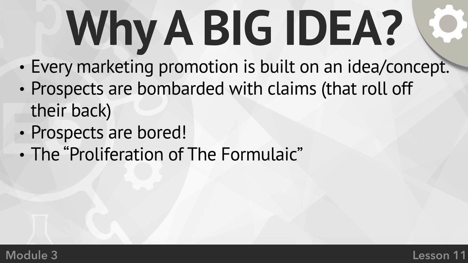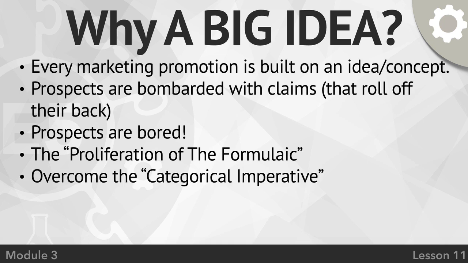Mental opt-out is when they see a marketing claim and they say, oh, that, I've heard that. I've seen that. Oh, there's a book on that. There's a YouTube video on that, right? Today, there is so much opportunity to consume information that we have to avoid the formulaic. We have to avoid seeming and looking and feeling like what they've already been exposed to.